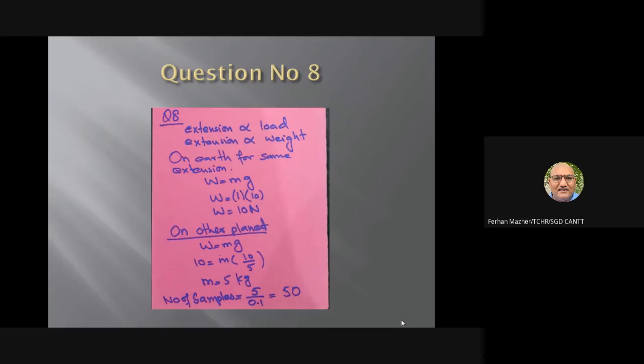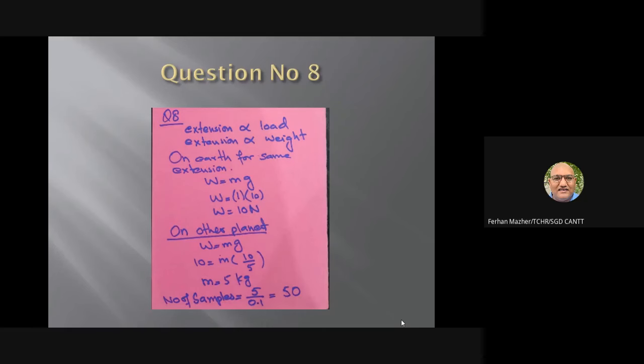Each sample block was 0.1 kg, and I need 5 kg. So how many blocks do I need? Divide 5 kg by the mass of one block, 0.1 kg, and you will get 50.